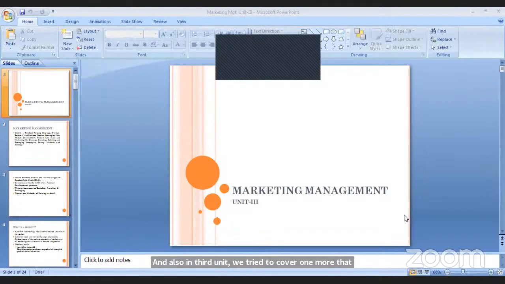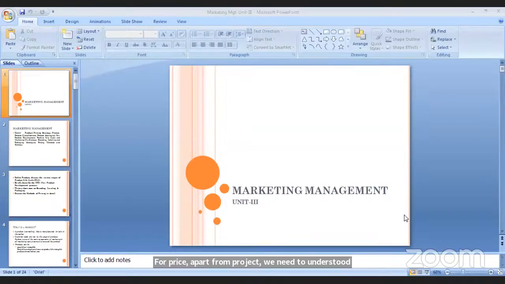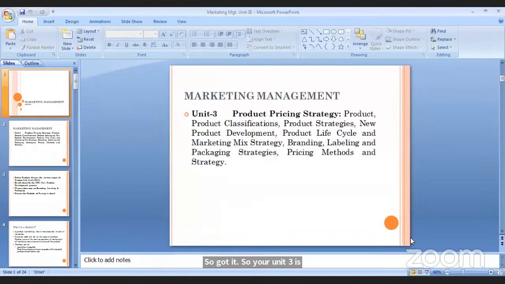Apart from product, we need to understand what is price. And in the pricing concept, there are two basic things that we need to identify and understand: methods of pricing and pricing strategy. These are two things that we need to cover in pricing. So got it? Your unit 3 is somehow revolving around two different concepts.